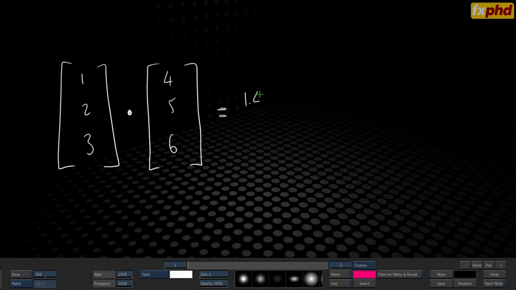I'm going to do 1 times 4 plus 2 times 5 plus 3 times 6. Now, of course, this no longer works on the t-shirt analogy, which is why I didn't use it last week. But it is what a dot product is. So this becomes 4, this becomes 10, and this becomes 3 6s are 18, which becomes 14 plus 18, which becomes, you guessed it, 32.